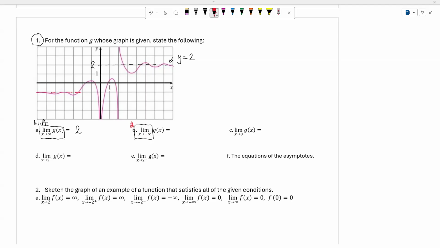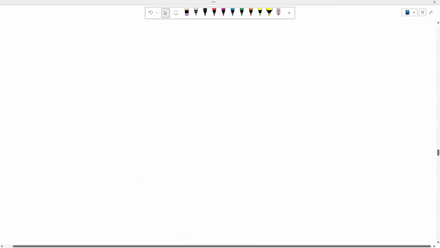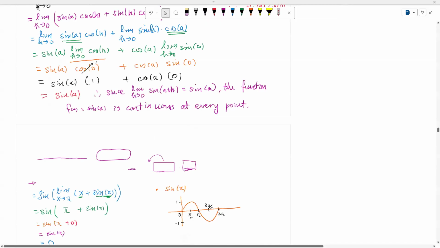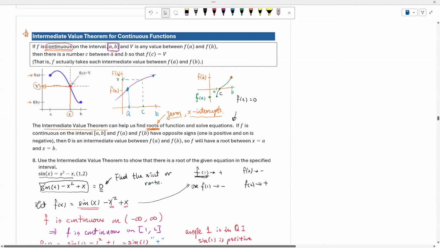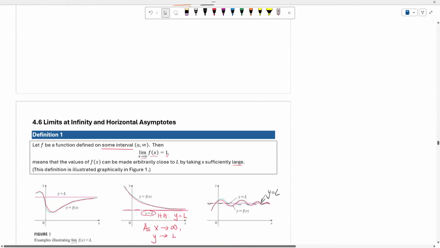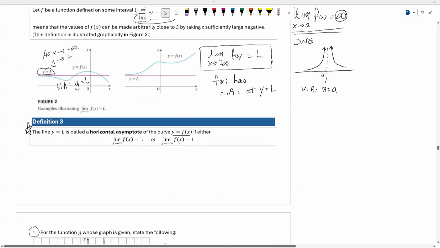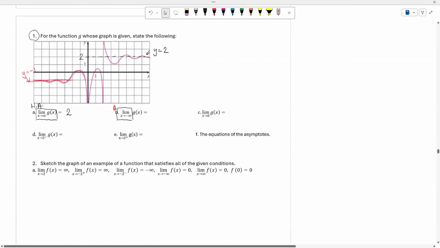You will see that as x approaches negative infinity, the function is getting closer and closer to the horizontal line y equal to -1. So in this case, my answer will be -1.